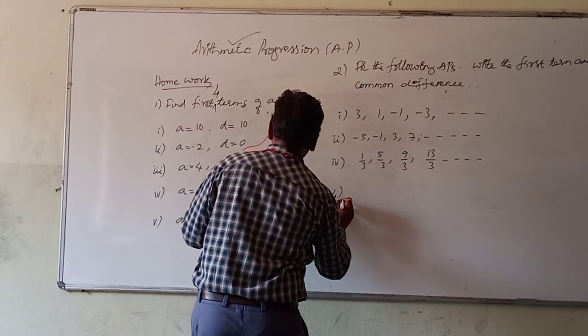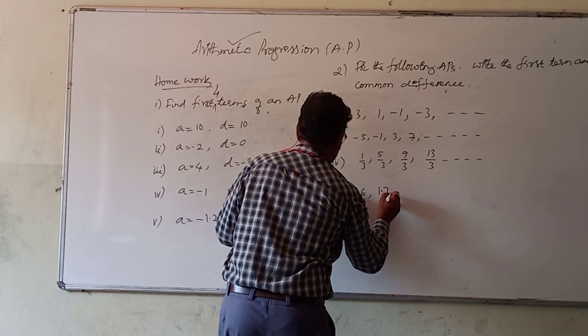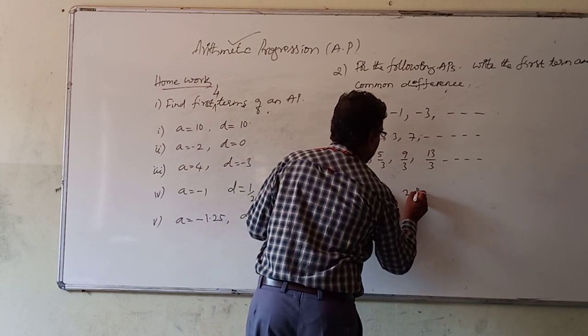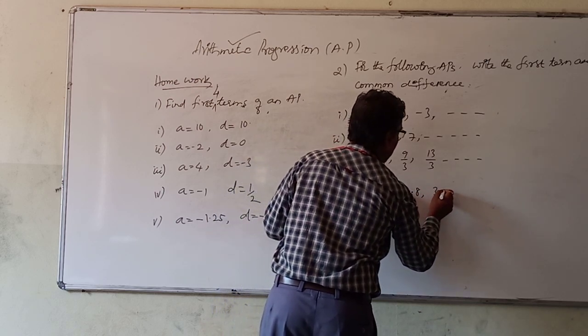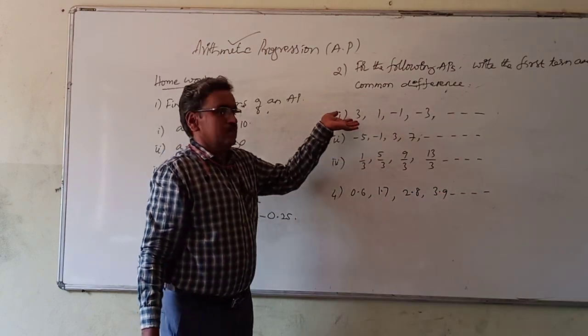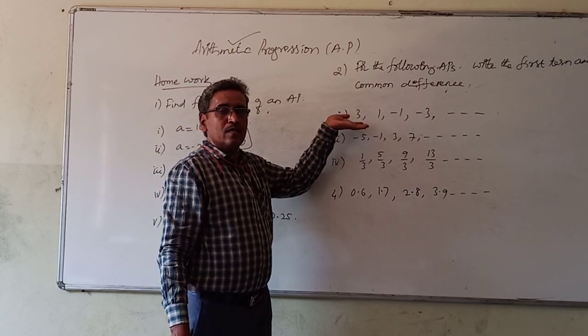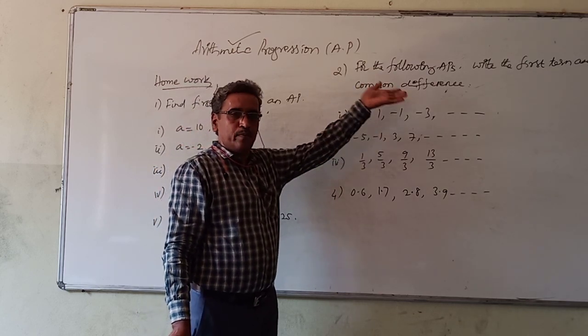The fourth example: 0.6, 1.7, 2.8, 3.9. It means here, they have told us that the given numbers are in AP.